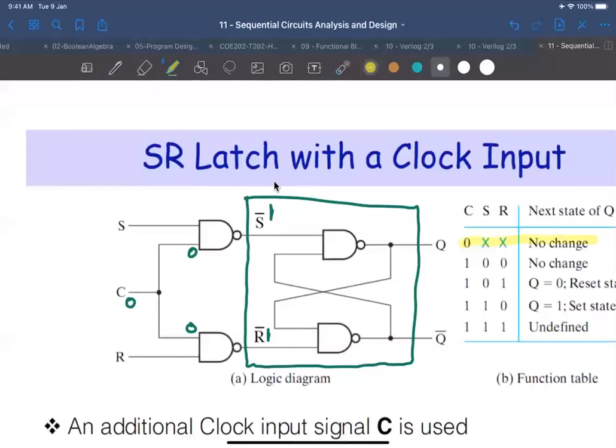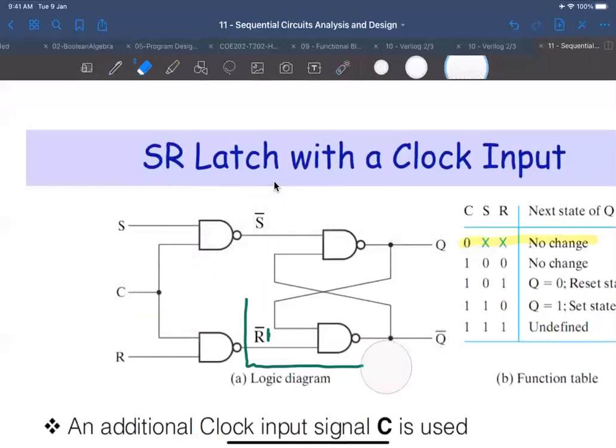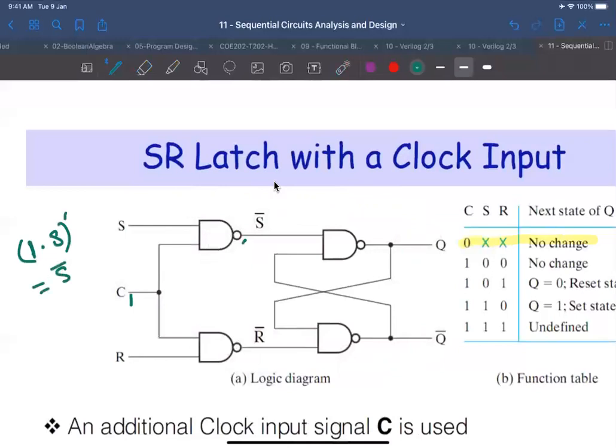The other possibility is when C is 1. What is the output at this NAND gate? It's 1 NANDed with S, which is S complement. And here the output of the NAND gate is 1 NANDed with R, which is R complement.